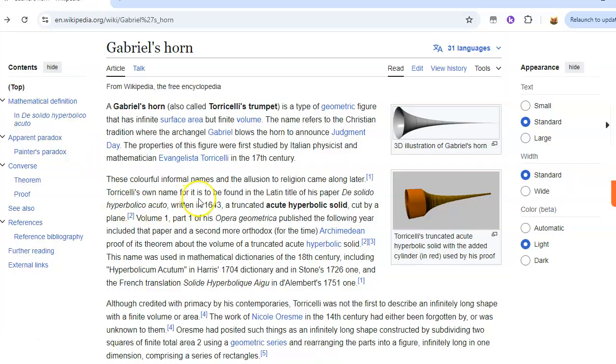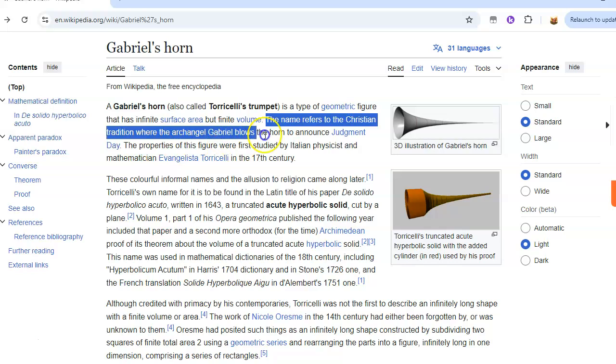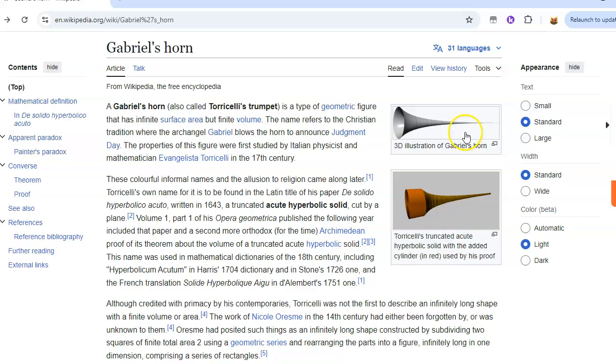Now, it gets its name from the Christian tradition, where the Archangel Gabriel blows the horn to announce Judgment Day. So that's kind of where the name eventually came from. The idea being that you have this infinitely long horn, so it's going to take a very long time for anything to come out of it. That's kind of the idea of the name.